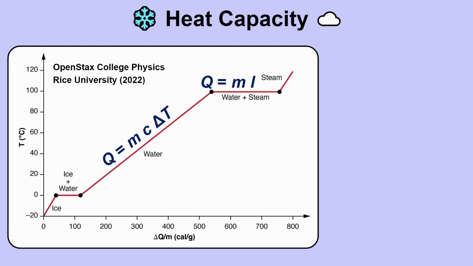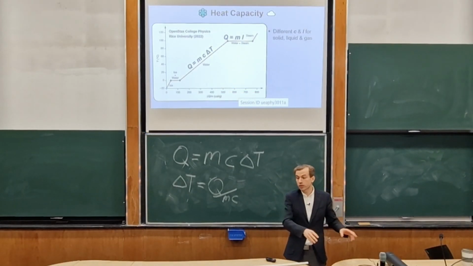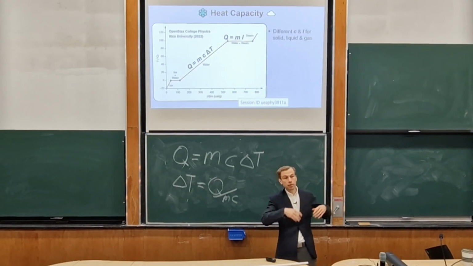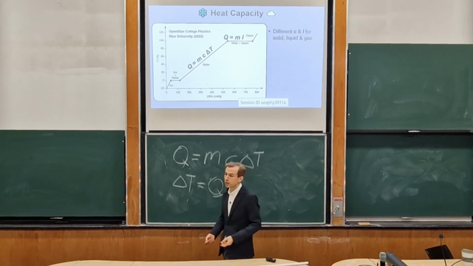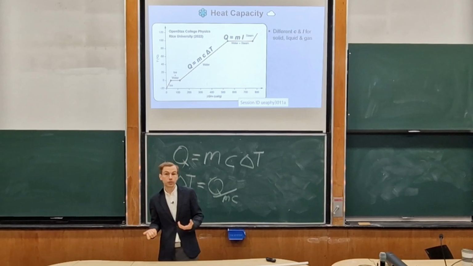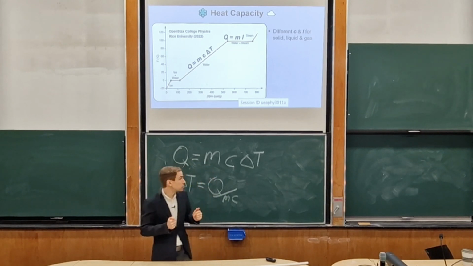Just to spell this out, the C and the L are not only different for different materials. If you're looking at a metal, like iron, or you're looking at water, they're going to have very different values. So the change in temperature you get, given the amount of energy, varies depending on what the material is.